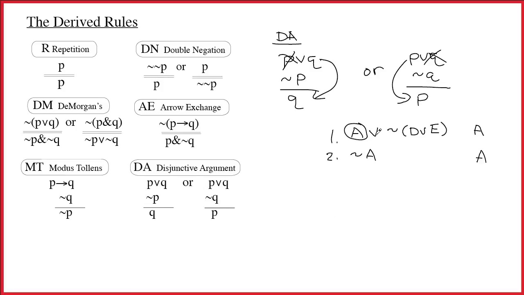If the wedge is the main connective, everything in front of it's P, everything after it is Q. So this just is P or Q. At least one part has to be true. Down here we see it ain't A. Okay, it ain't that one. Therefore, it's got to be the Q. So we'll write tilde D wedge E. And that would be 1, 2, disjunctive argument.